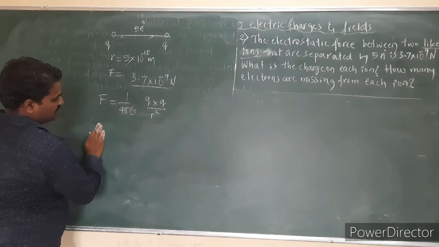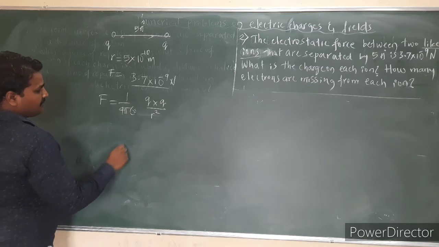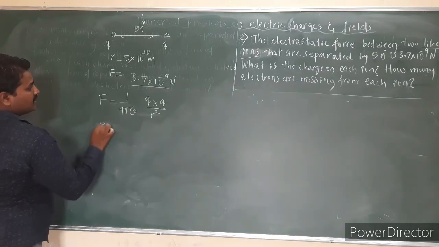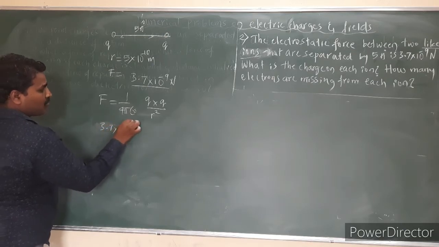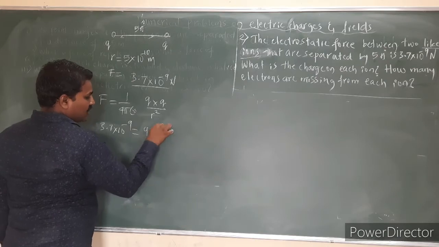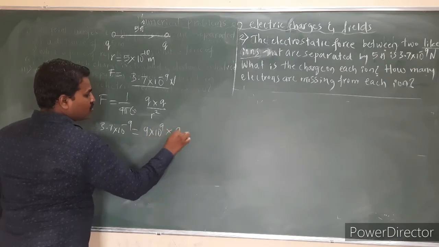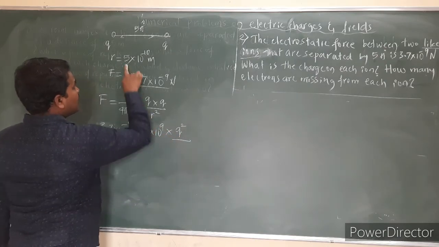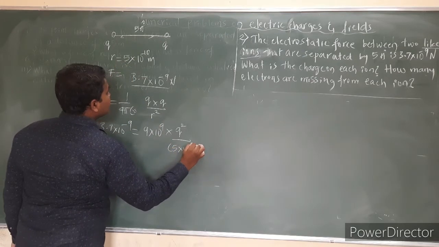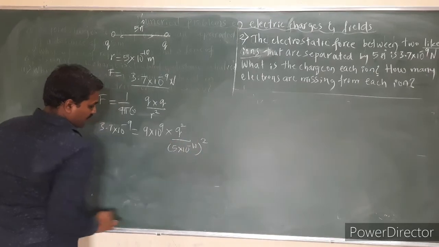I can substitute the values here. F is equal to 3.7 × 10^-9 as given. 1 by 4 pi epsilon naught I can write as 9 × 10^9, into q squared divided by r squared, which is (5 × 10^-10) whole squared.